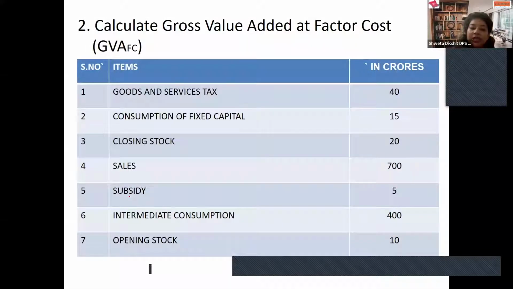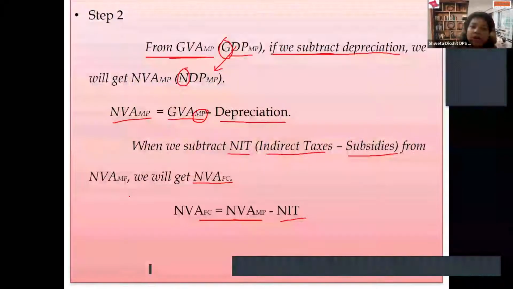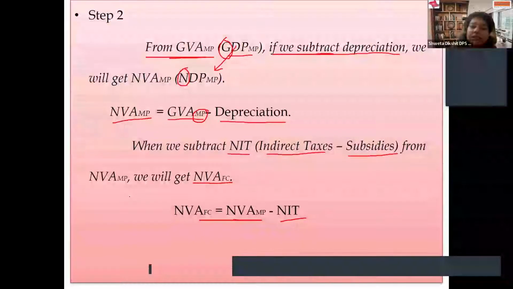Children, one thing I would like to tell you: in this type of method, that means value added method, there are 3 types of questions or 3 patterns of questions, which is very important for you to remember. The first pattern is what we just discussed. The value of sales, closing stock, opening stock, and intermediate consumption are all given in the question, and you need to solve by finding the gross value added as per the formula, and the net value added.